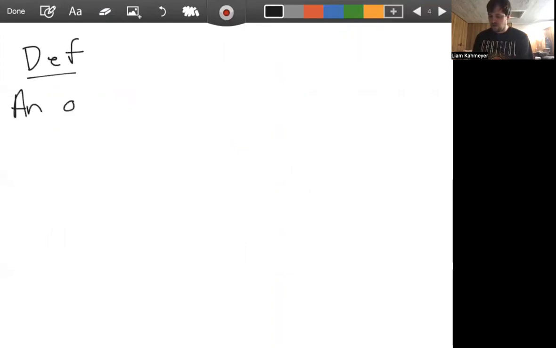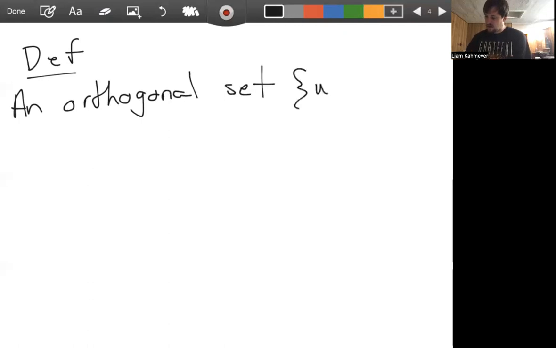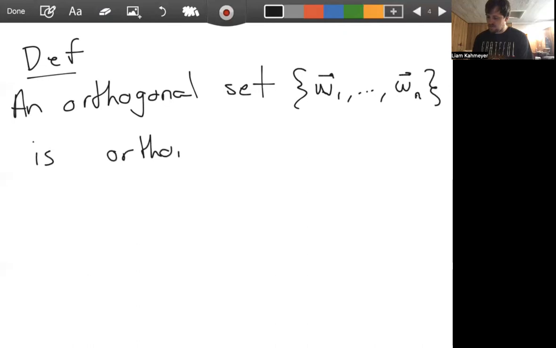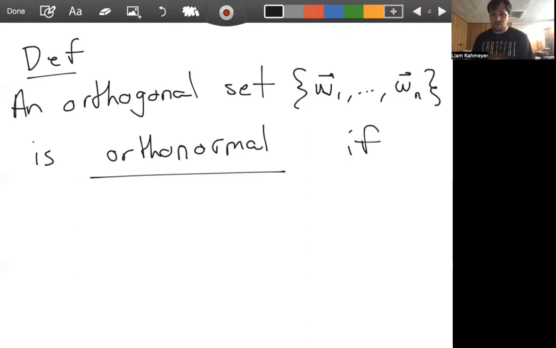An orthogonal set, let's call them W1 through Wn, is orthonormal if we have the following property, that Wi dot Wj is equal to the Kronecker delta symbol.